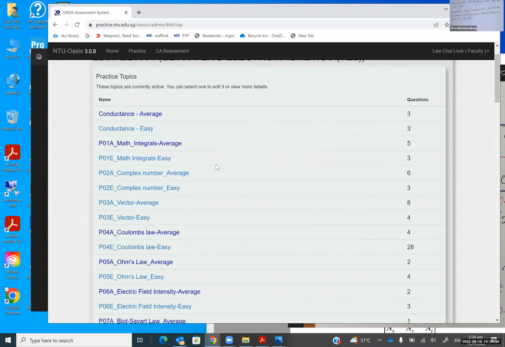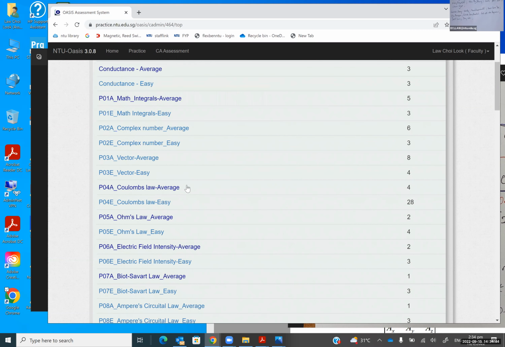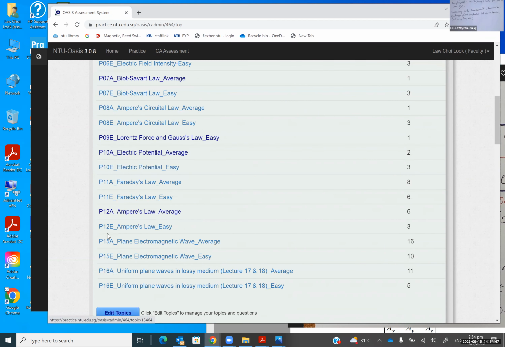Oh, I mean, we are going to go through the average. So the order, up to which one you need to do? You need to go all the way up to Ampere's law here. P12E, P15, P16, these four, no need. They are plane wave, right? Up to 12E.